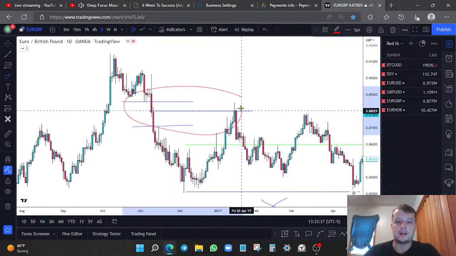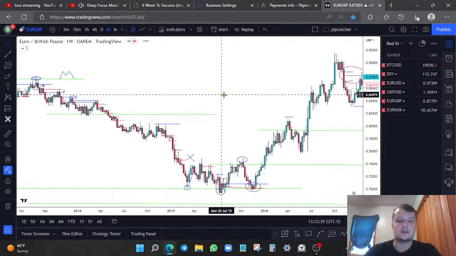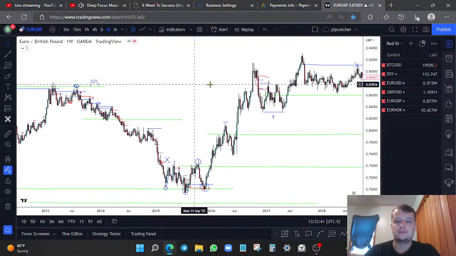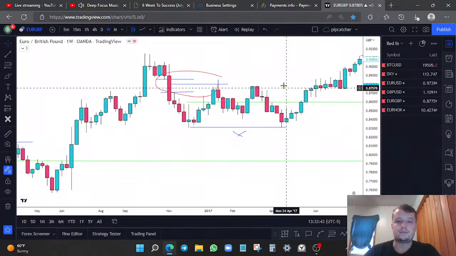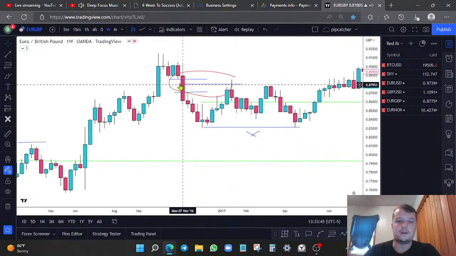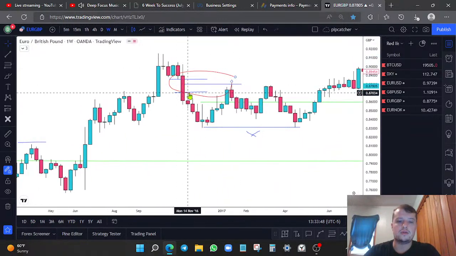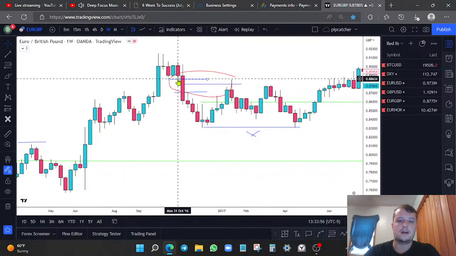We can go back and look at that just to refresh your memory. Right here, from this wick to this wick, there's not a wick that comes back and retraces into this area here.